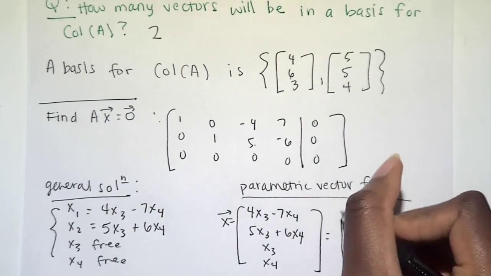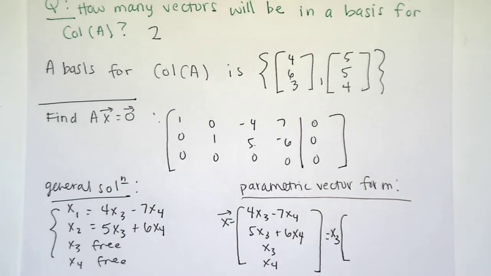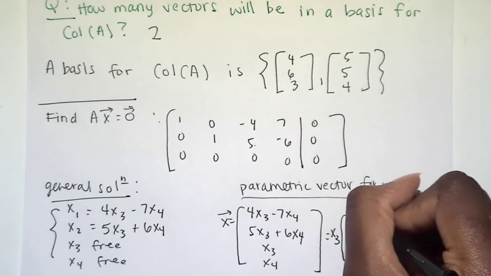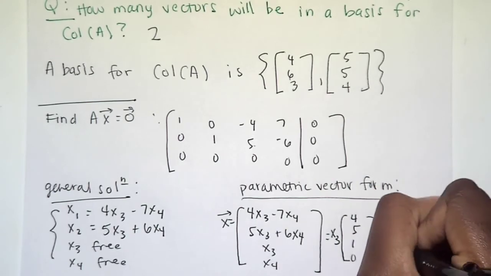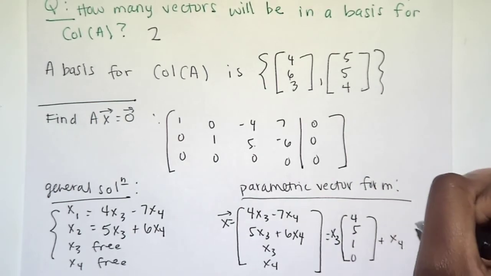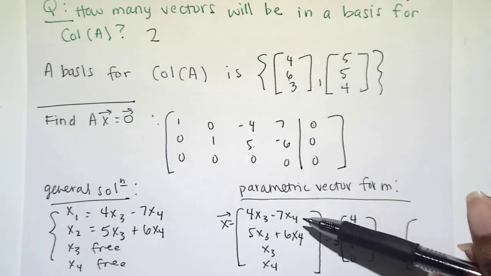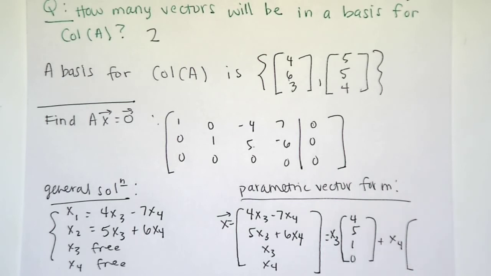So I'm going to start with x3. So I got a 4, 5, 1, and 0. And then my x4, I got -7, 6, 0, and 1.